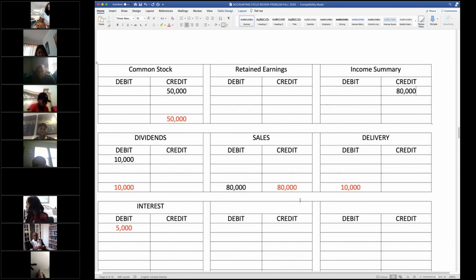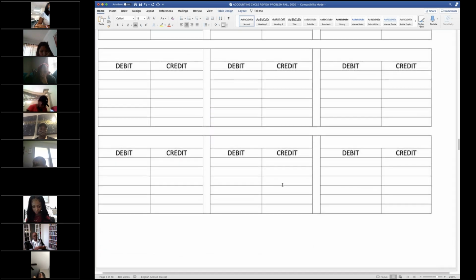So now, as you can see, the sales is closed out. Well, every account from income summary through interest got to look like this. Every account's got to look like this.